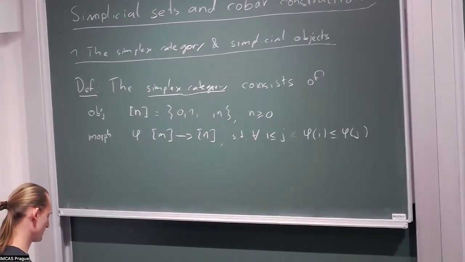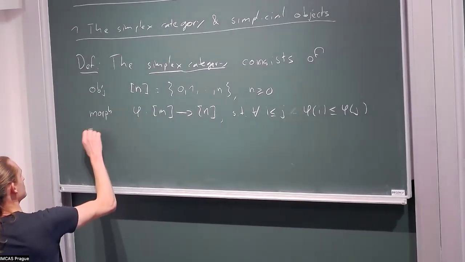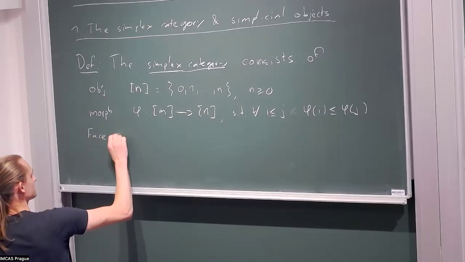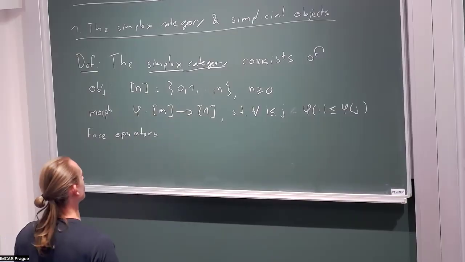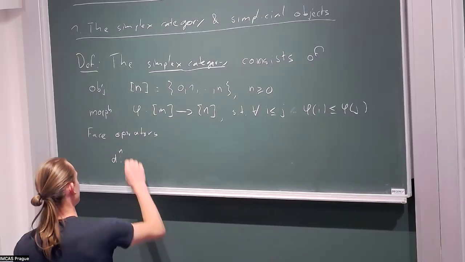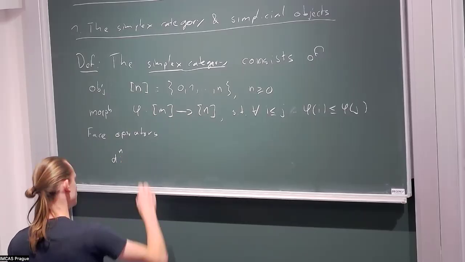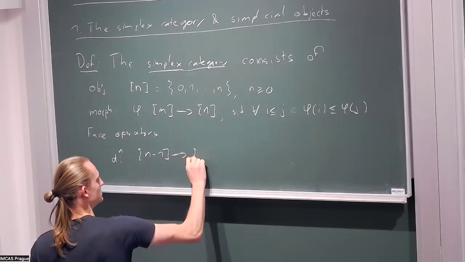In this category, there are two types of distinguished morphisms. The first class of distinguished morphisms are the face operators. These are denoted by d_i, and they go from the set [n-1] to [n].